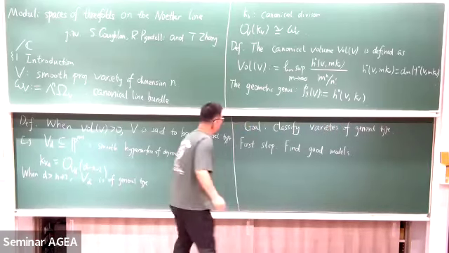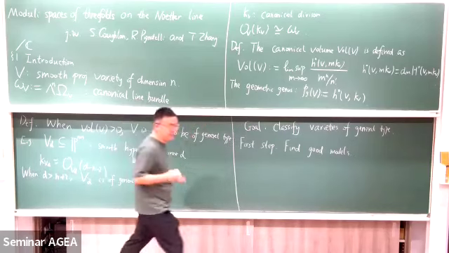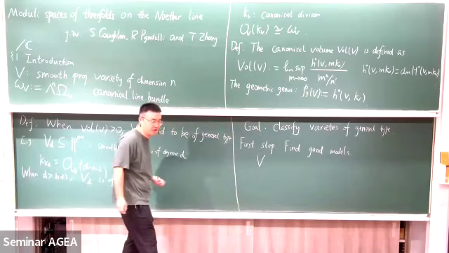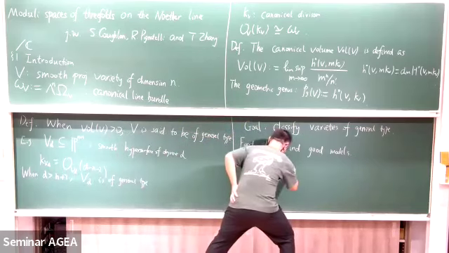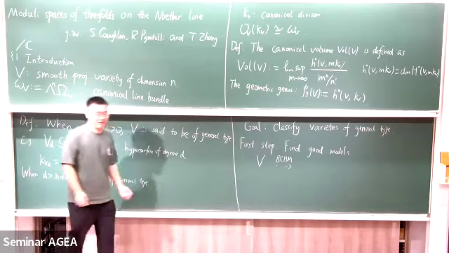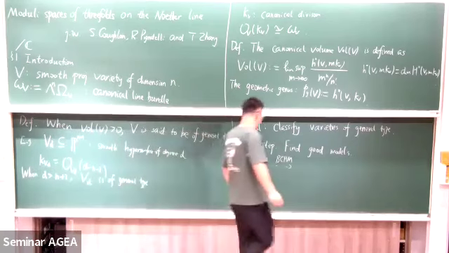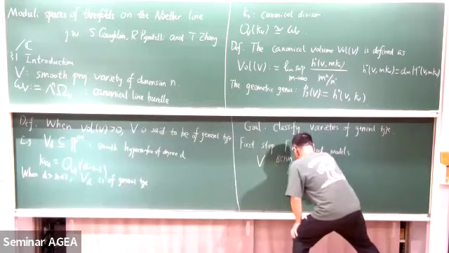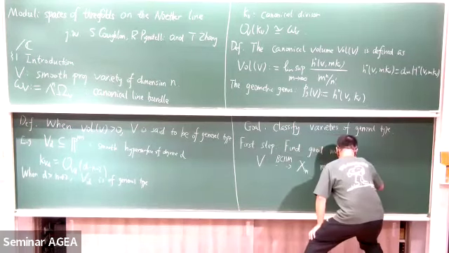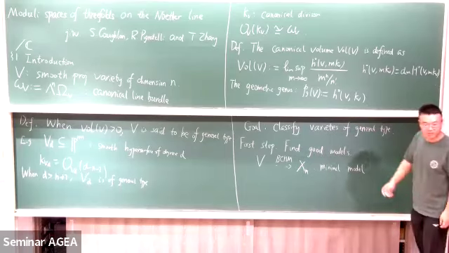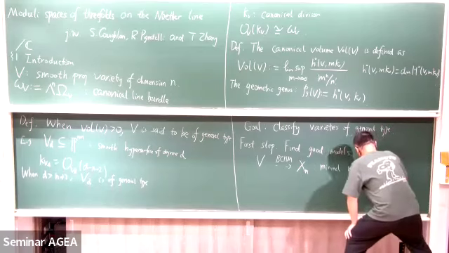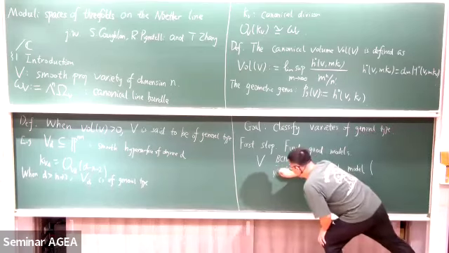Now let V be a smooth variety of general type. By the work of BCHM, you can contract some negative curves and get something called a minimal model. This is MMP, the minimal model program.